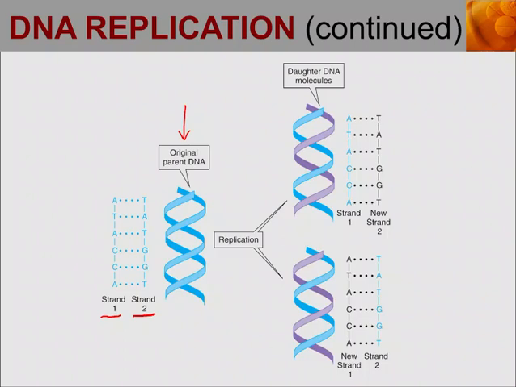Those new nucleotides are in purple here. Complementary or matching base pairs will come in to form the complementary strand, or the new strand, until we have two daughter DNA molecules. This is a really important process in our bodies.